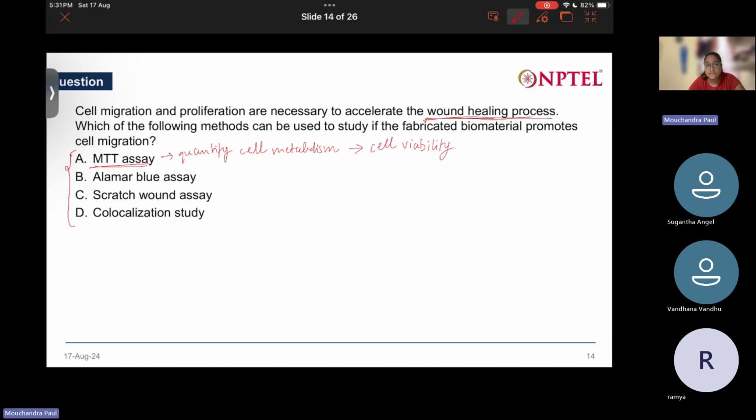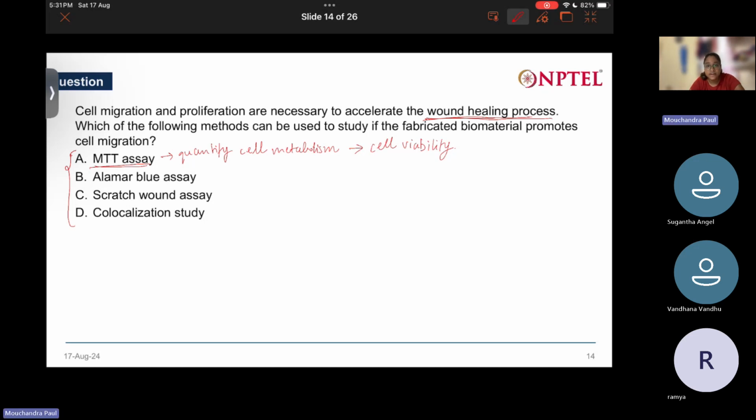So there is a chemical called MTT. The short form is MTT. If you search in Google, it's a very long name. So it's a type of salt, and that salt can be reduced to form a purple colored compound in presence of mitochondrial enzymes. So mitochondrial enzymes will be only secreted in live cells.